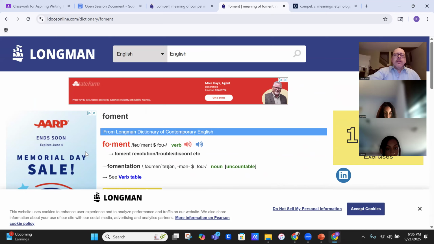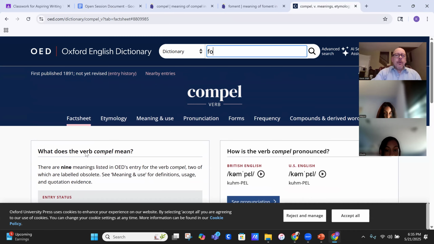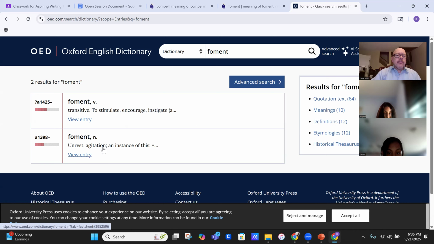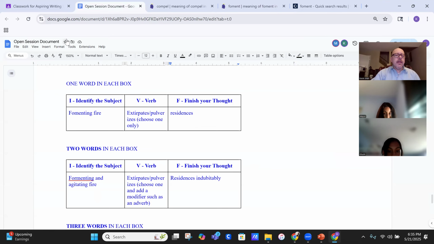I don't like this dictionary. That is the worst dictionary ever, the Longman. So foment means unrest, agitation, right? So it's an agitated fire. Nice job. I really like that. Fomenting fire. You know what would sound even cooler? Fomenting fires, perhaps?